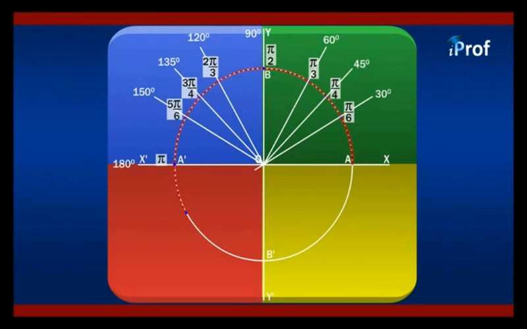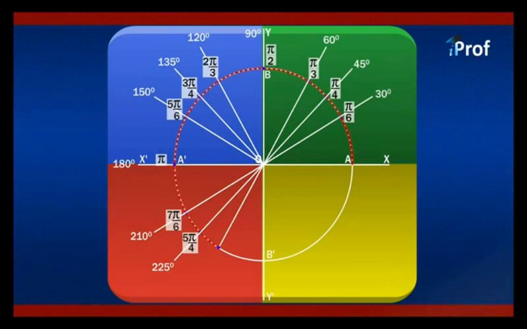We move further, it will be 210 degrees, where this angle will be equal to 7 pi by 6. Similarly, at 225 degrees, it will be equal to pi plus pi by 4. That will be equal to 5 pi by 4 radians.